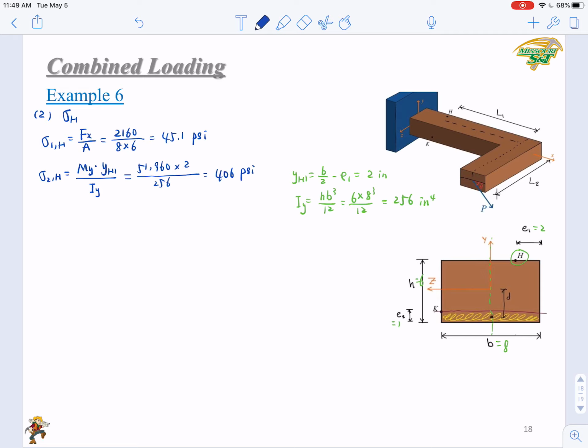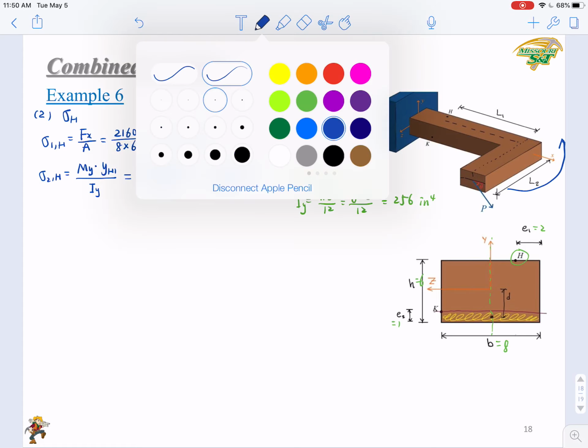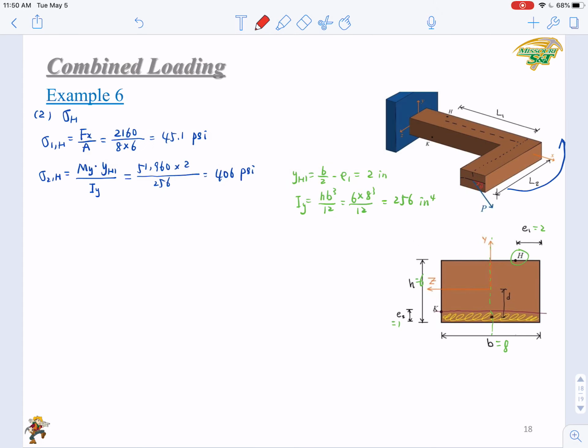Positive or negative? It will be negative. So the Px times L2 will tend to turn it in this direction. So your point H will be in compression. So here it's a negative value.